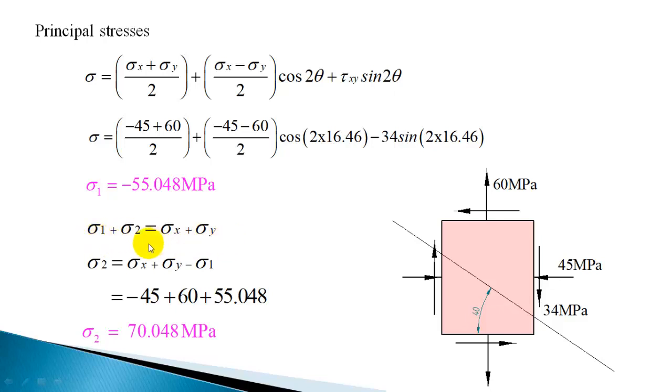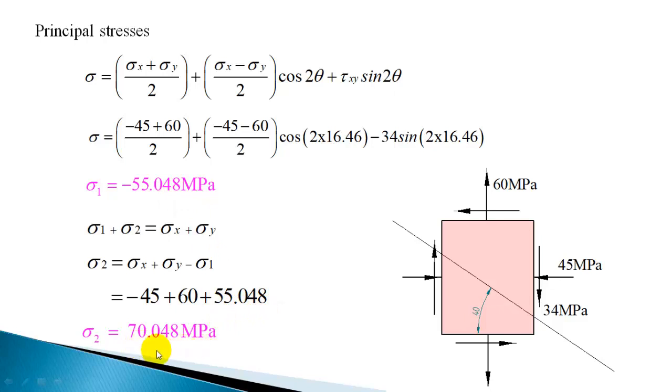So we know sigma 1 plus sigma 2 is equal to sigma x plus sigma y, or sigma 2, the second principal stress, can be found as sigma x plus sigma y minus sigma 1. So sigma 1 is known, sigma x is minus 45, sigma y is plus 60, minus sigma 1, minus of minus, plus 55.048. So we'll get sigma 2 as 70.048.